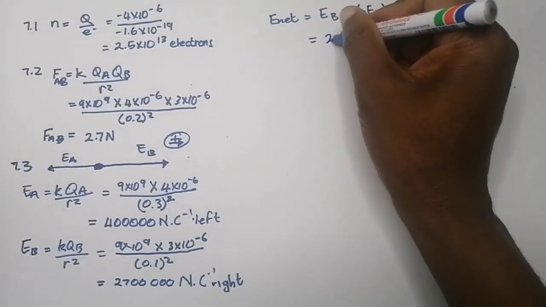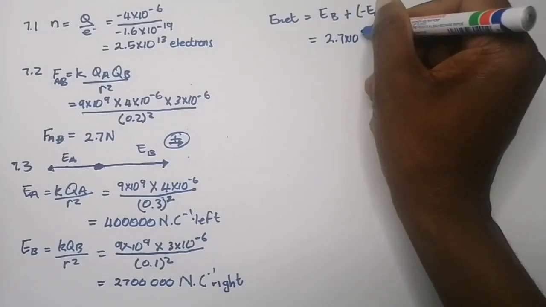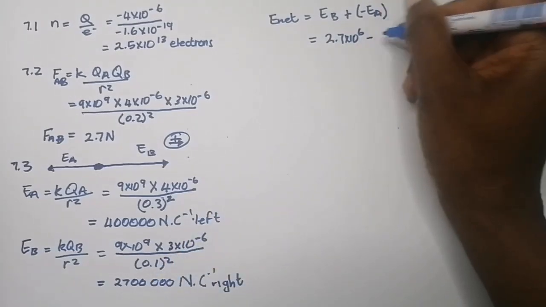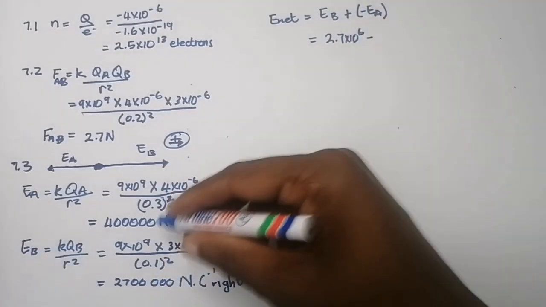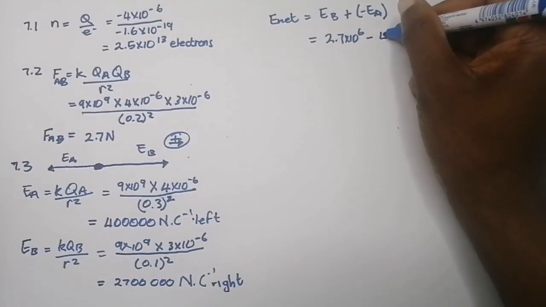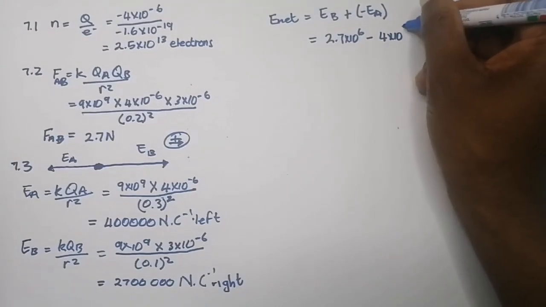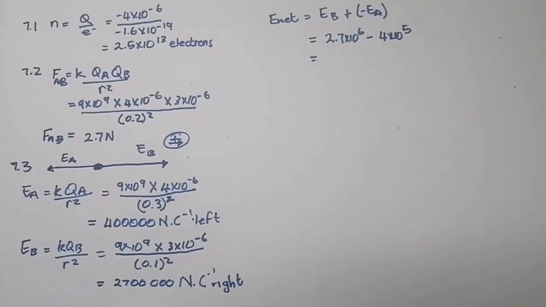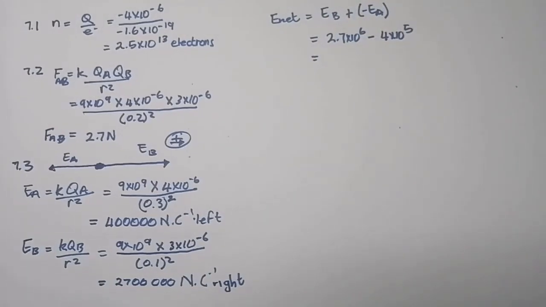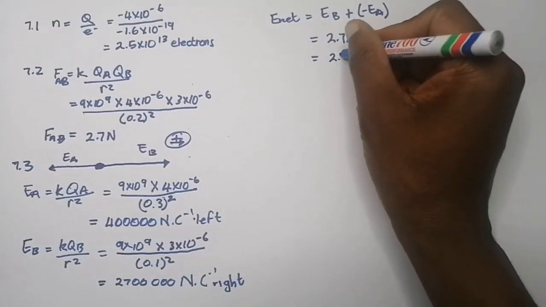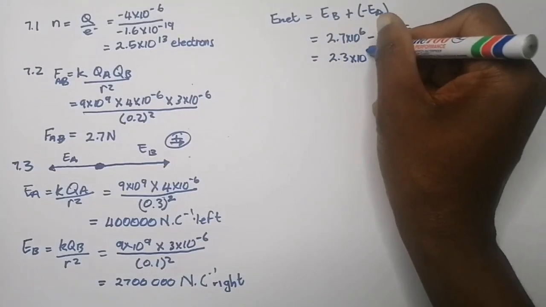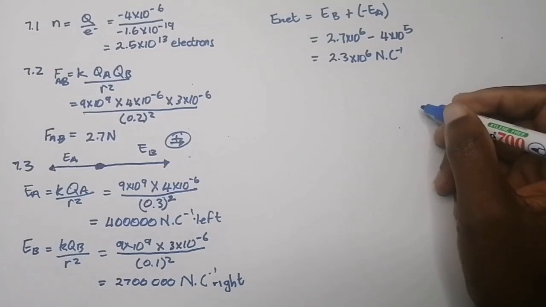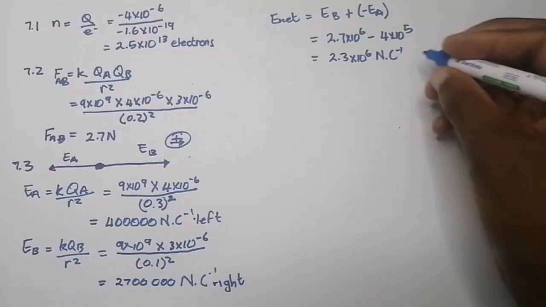So we're going to say 2.7 times 10 to the power 6. Please don't mind, I'm just converting this into scientific form. Minus, in that case, we had 4 times 10 to the power 5. Okay, and our final answer will be 2.3 times 10 to the power 6 newtons per coulomb, and it obviously will be in the direction of the bigger field.